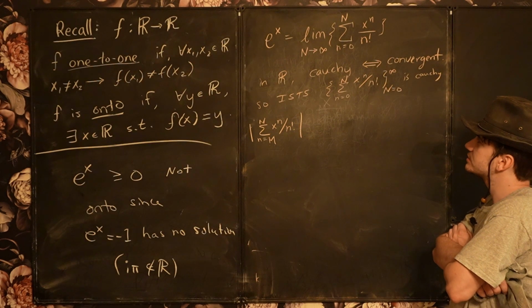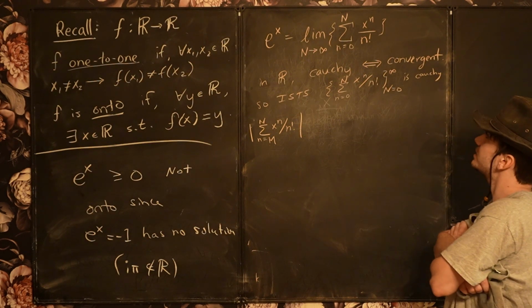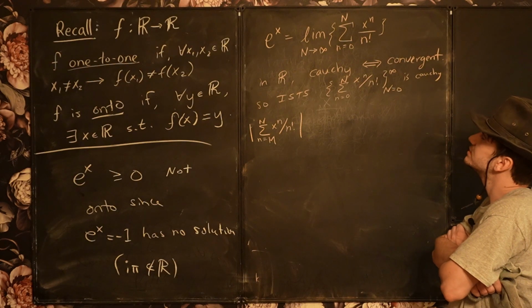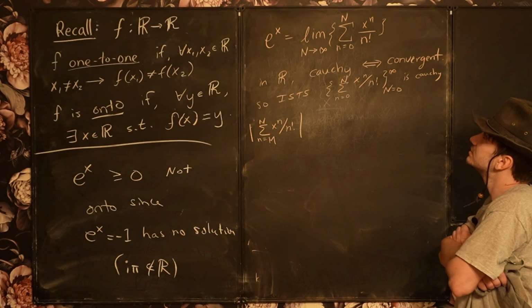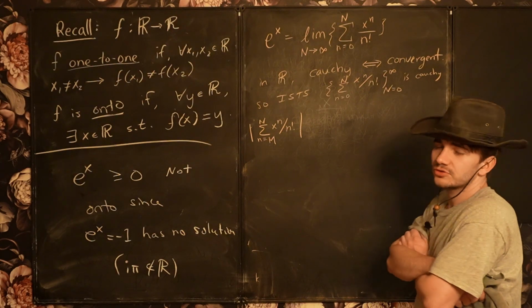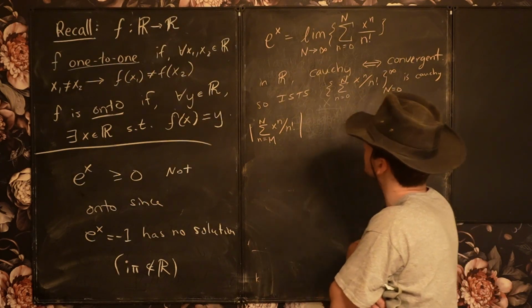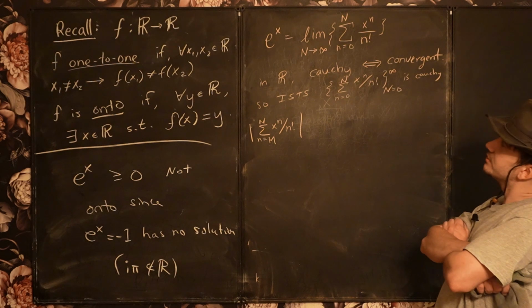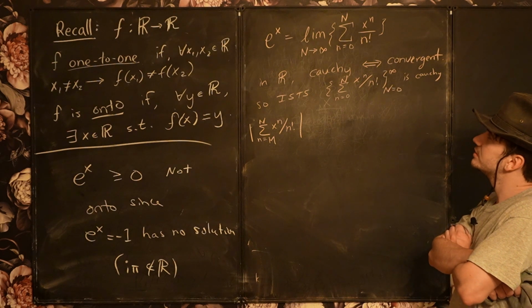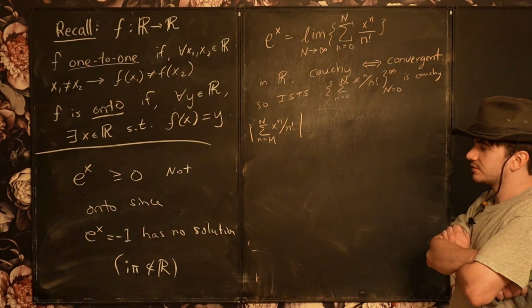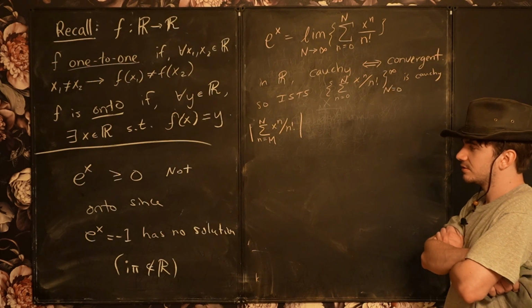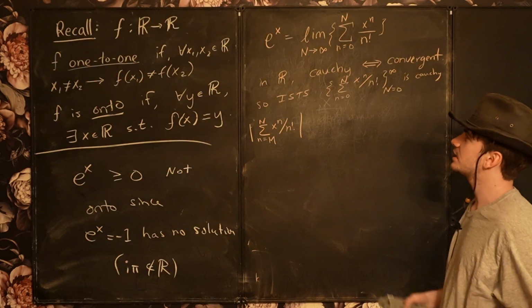How do you even show that it's positive? What the heck? This is crazy. The fact that this is always positive is just blowing my mind right now. Okay, yeah, no, this is outside of the scope.